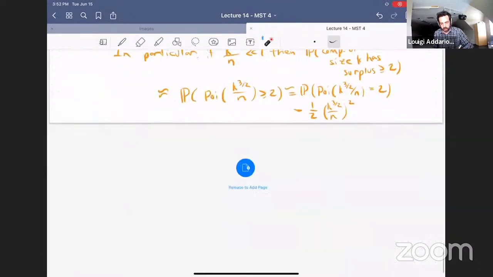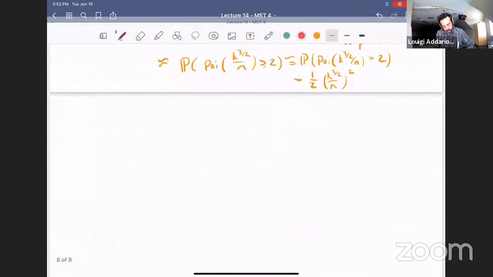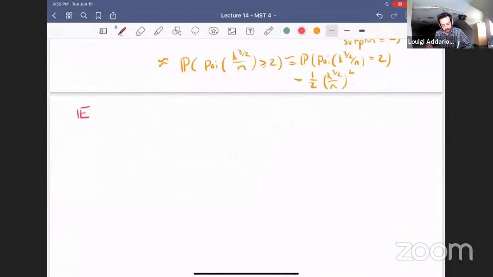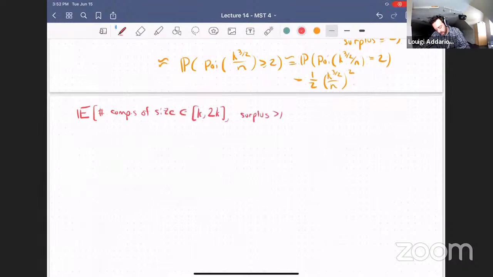Let's use that to do a rough calculation of the expected number of components of size in some dyadic interval k to 2k, and surplus bigger than 1.